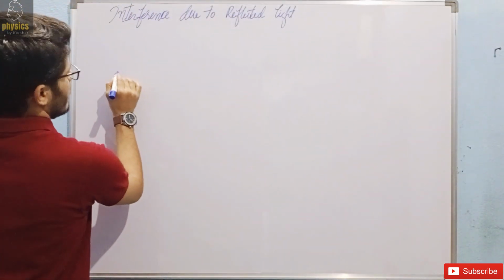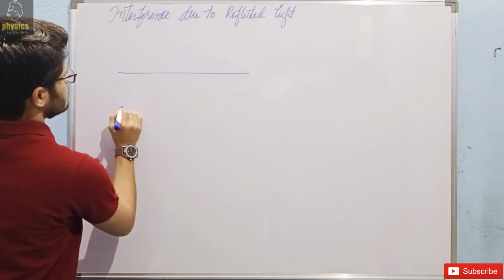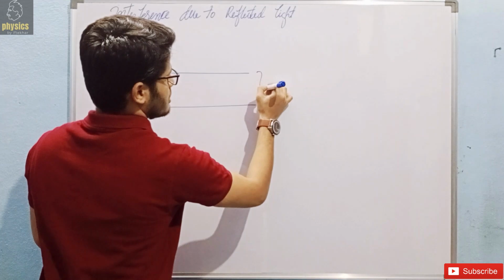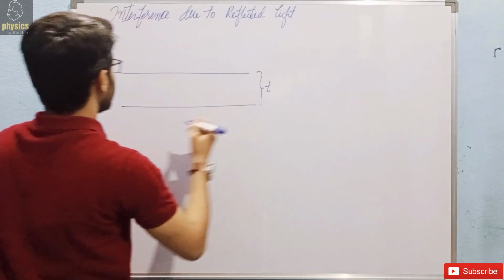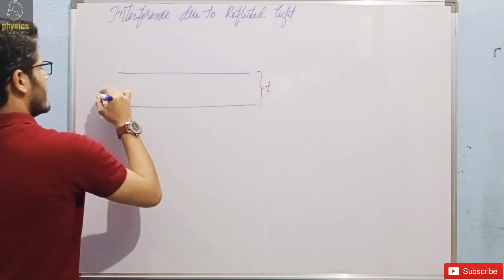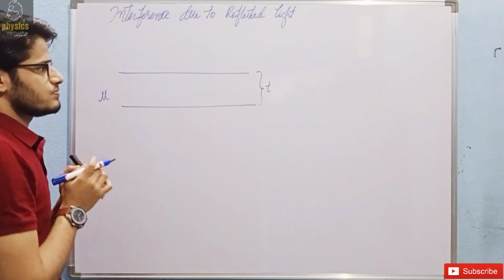So I have a thin film. This is my thin film having thickness T, and the refractive index of the material of the thin film is mu.